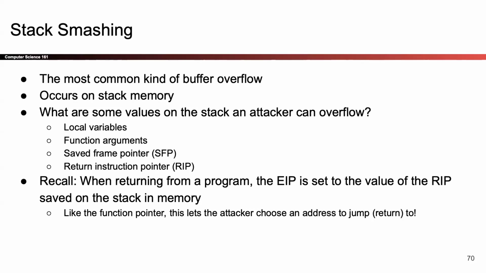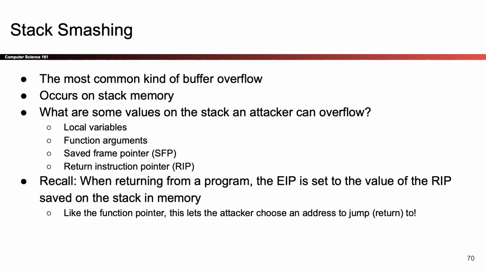In the examples I showed you before, the name array was a global variable, but let's suppose it was a local variable, so it's stored on the stack. That's when stack smashing becomes a problem. If you have an array or buffer stored on the stack and some code doesn't do proper bounds checking and allows the attacker to write past the end of that array, you have a stack smashing vulnerability. There are various techniques to exploit those vulnerabilities.